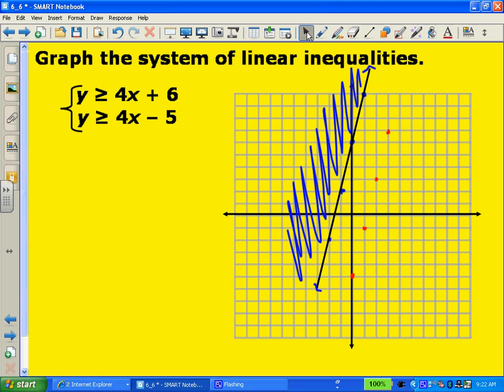It's also a solid line, and it also gets shaded above.